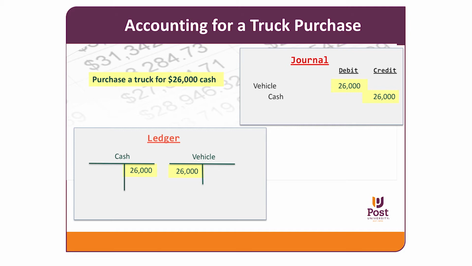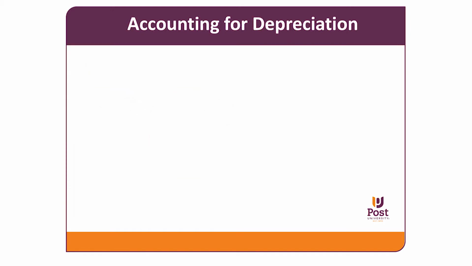However, over the life of the vehicle, we need to transfer a portion of the cost of the truck into expense. This matches the expense of the truck with the revenue it produces for each of the 4 years we anticipate it having value.